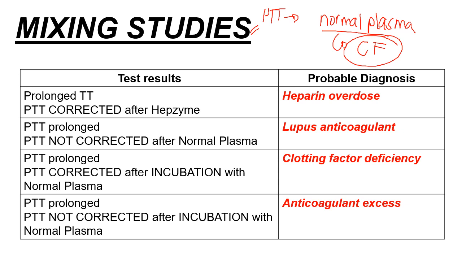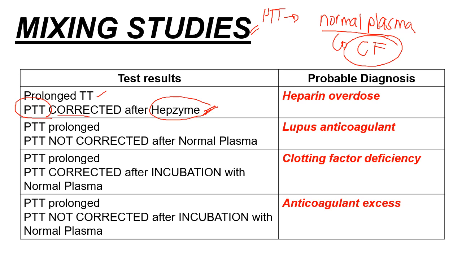Unahin natin, ito. Prolonged thrombin time. Okay? PTT is corrected after Hepzyme. Ano ba yung Hepzyme na yan? It is an enzyme which degrades your heparin. So, pag tinanggal ni Hepzyme yung heparin dun sa blood specimen, okay, and na-correct yung PTT mo, ibig sabihin, may heparin compound yung blood specimen.